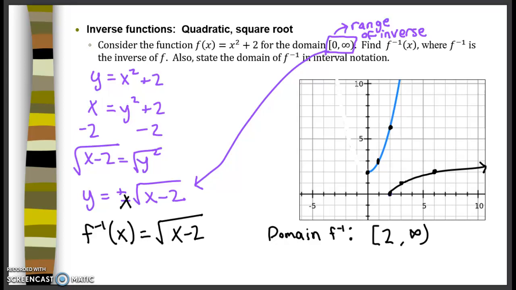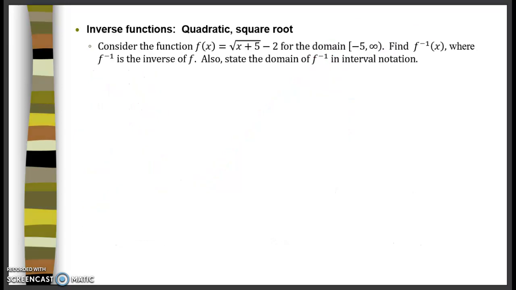Or I could look at the range of my function f, which also goes from 2 to infinity. Okay, so that's the domain, and the range of the inverse is just 0 to infinity because it's the domain of the original.